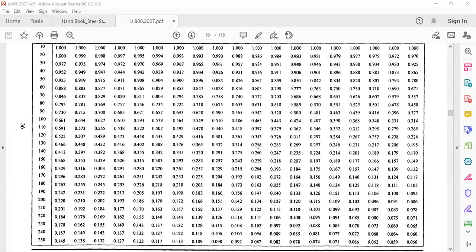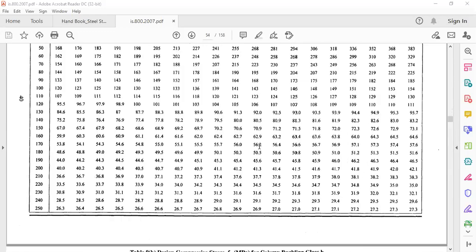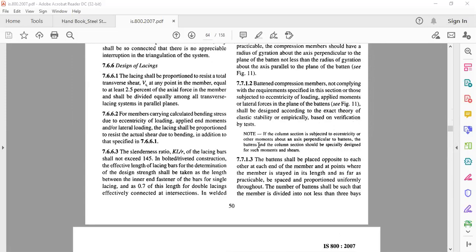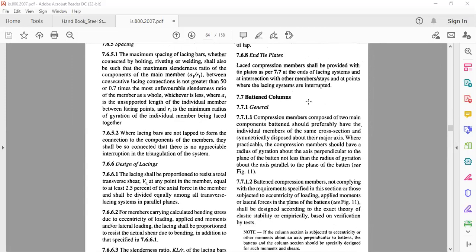So page number 50. This is all about battened columns.